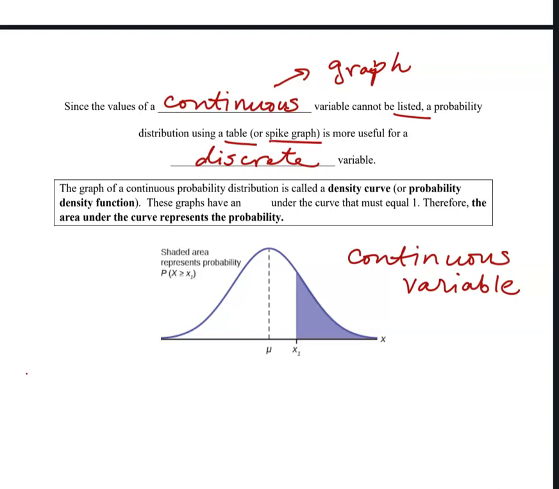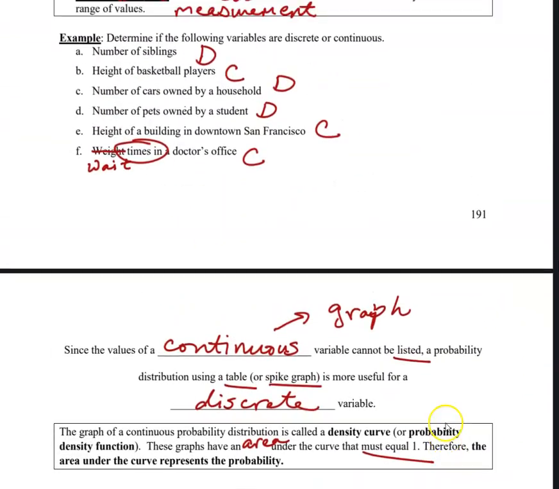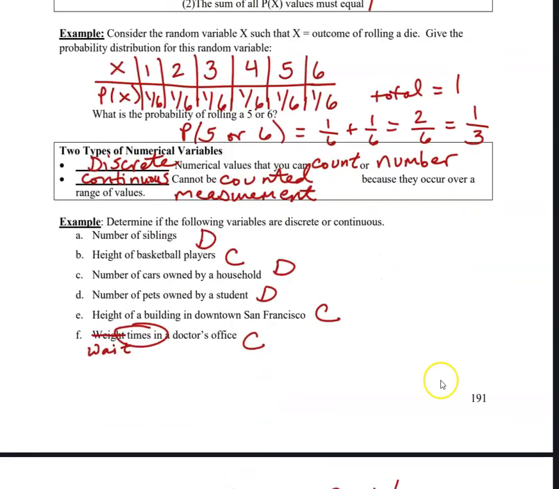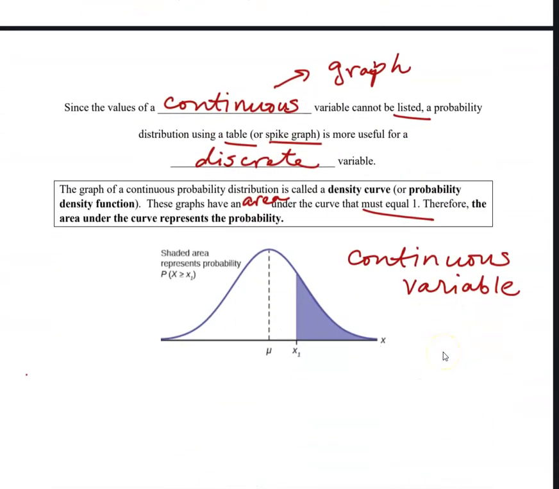These graphs have an area under the curve that must equal 1. Whereas with a discrete variable, the sum of each of these probabilities has to total up to 1, but with a continuous variable, the entire area would have to total up to 1, and that's the idea.